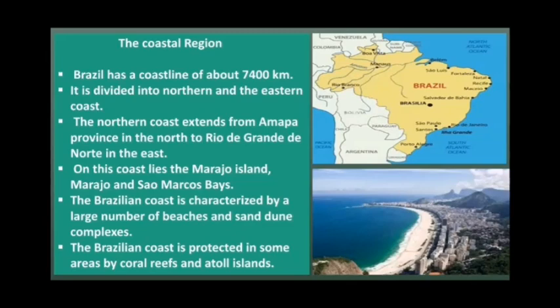The northern coast is characterized by the mouths of many rivers, including the Amazon. Therefore, this region is a low-lying region. On this coast lie Marajo Island and São Marcos Bay. Marajo is a large coastal island located between the mouth of the river Amazon and the river Tocantins.